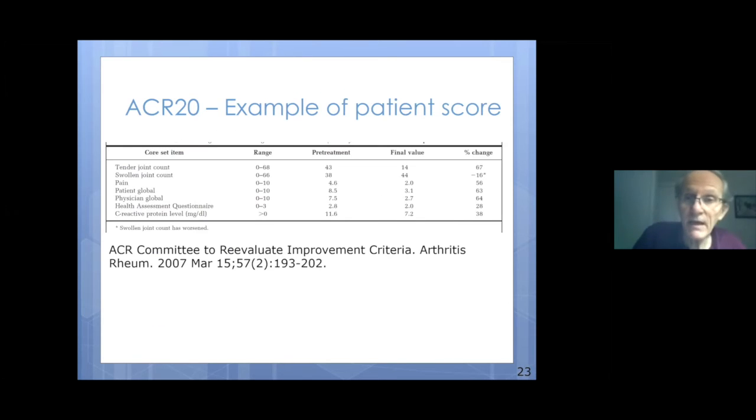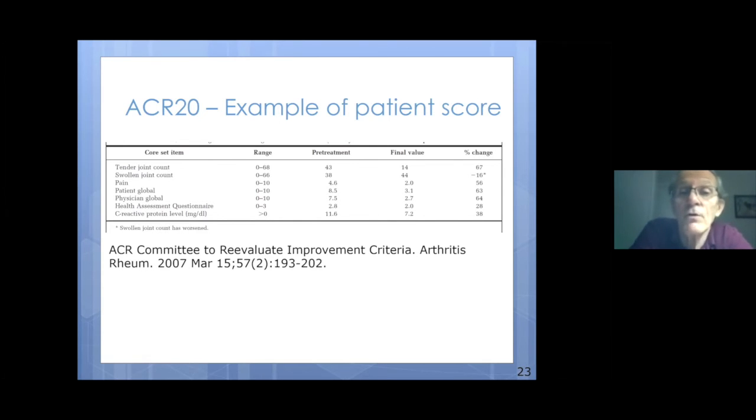Here is an example of a patient score on the ACR 20. This is taken from the ACR Committee to Reevaluate Improvement Criteria. In the first column, we have our domains: tender joint count, swollen joint count, pain, patient global, physician global, health assessment questionnaire, and C-reactive protein. In the second column is the range of the scores for the instruments of each of these domains.